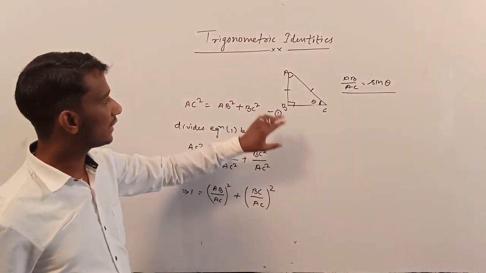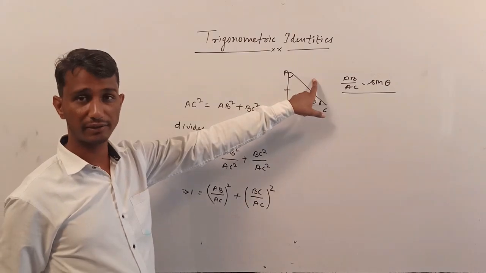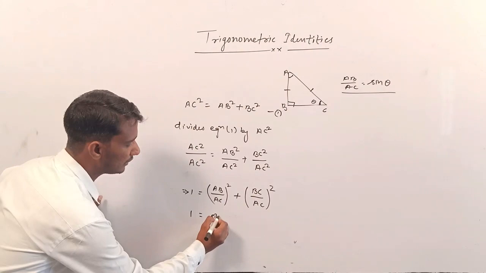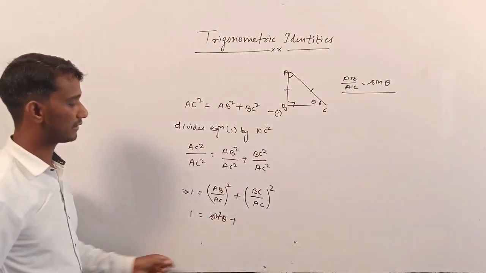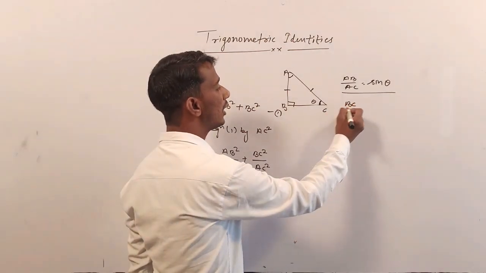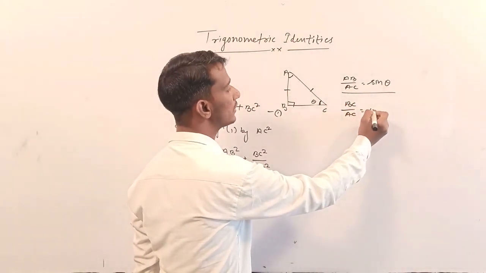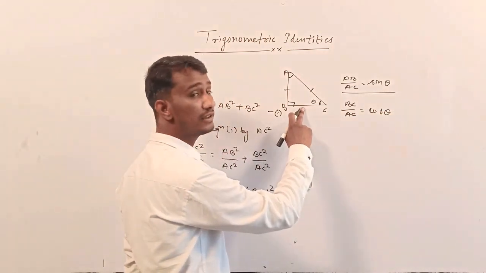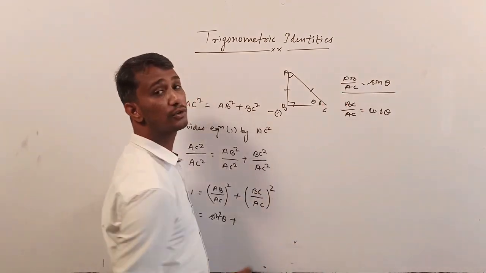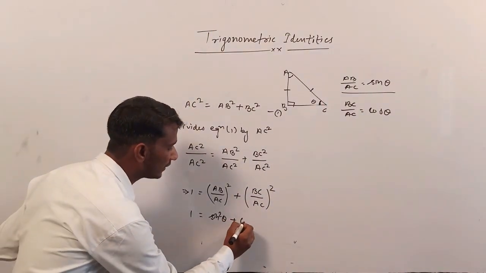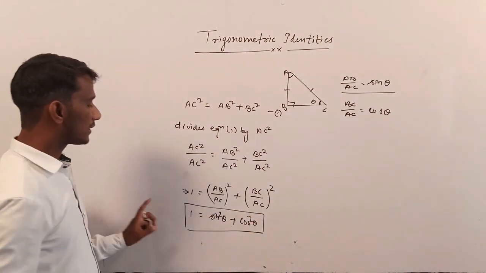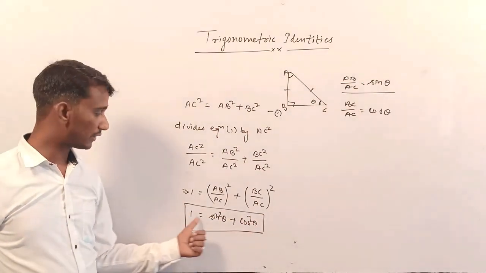Sin theta means altitude upon hypotenuse. So we can write 1 equals sin square theta plus, same as, BC upon AC. BC upon AC equals cos theta, because BC is the base, so base upon hypotenuse is cos theta. So we can write cos square theta. So the first identity arises: sin square theta plus cos square theta equals 1.